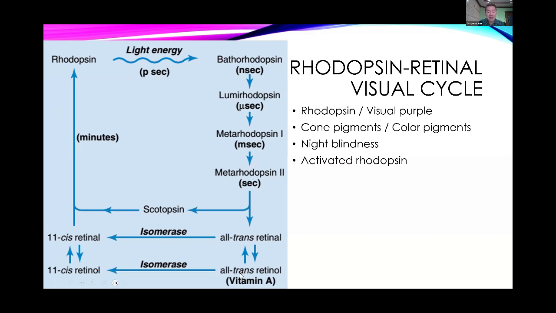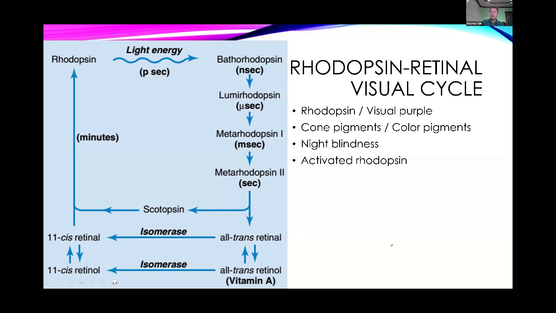Why? Because vitamin A in the form of all-trans retinol can serve as an additional substrate for the production of 11-cis retinol to combine with scotopsin to give you your rhodopsin. So if you go back to your elementary days, vitamin A is important to prevent night blindness. And it is because of this step. It can serve as an additional substrate.